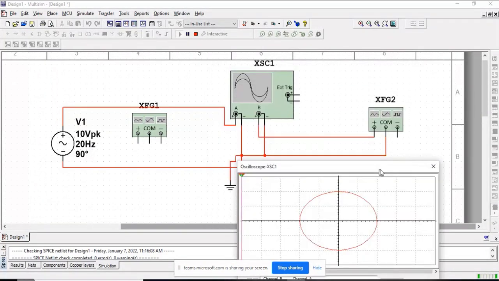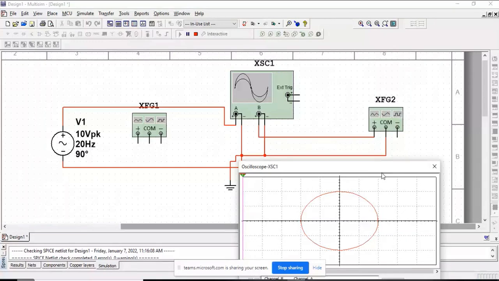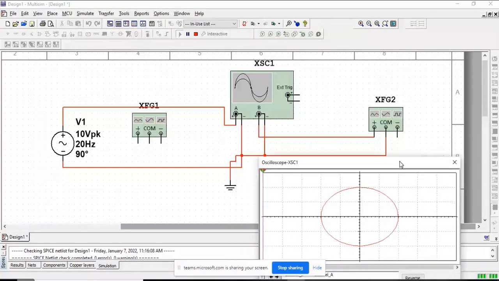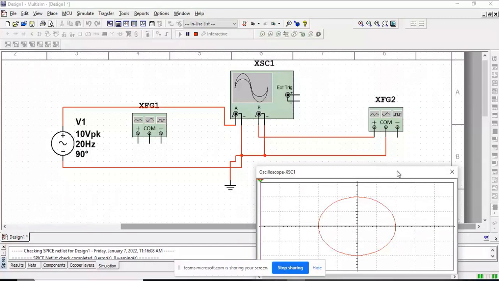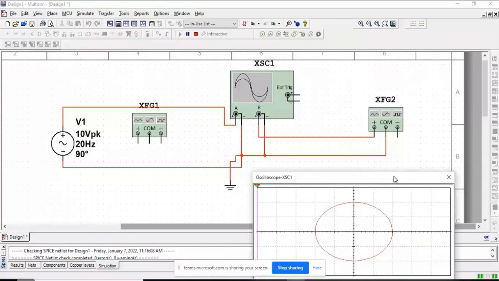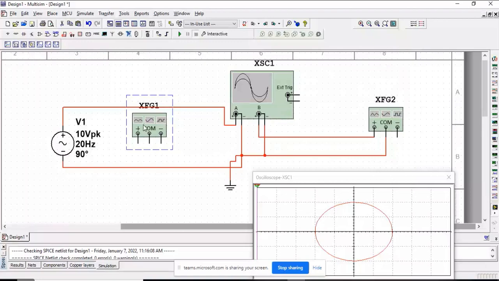Sir, how will you change the frequency? Where? From where? We may change frequency by double click on the component.